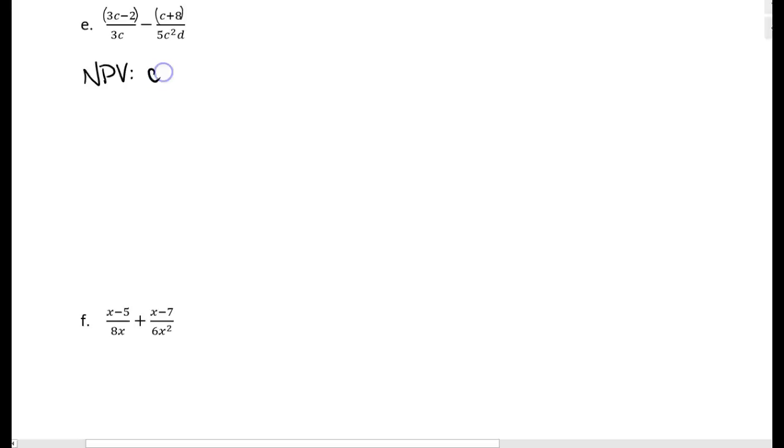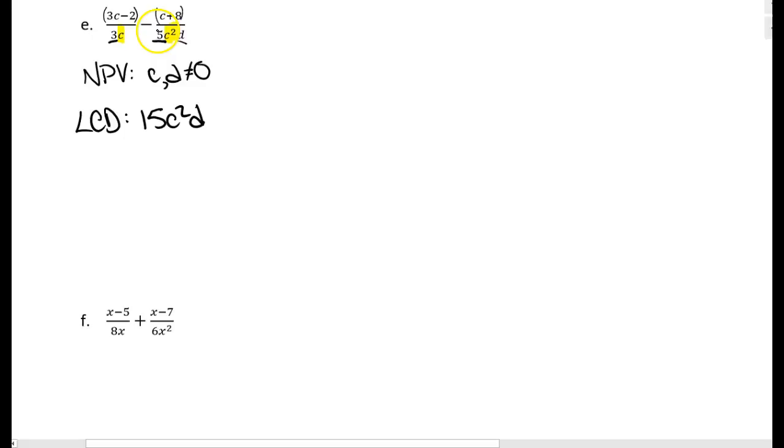Non-permissible values, c and d cannot be 0. My lowest common denominator is going to be 15c squared d. I need the 3, I need the 5. I've got c showing up, but here it's twice, so I'm going to have 2 c's, and then d shows up once.